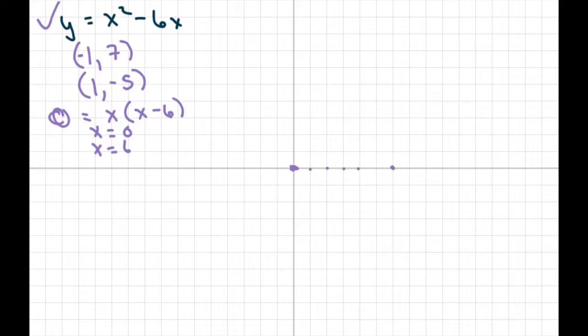This is your vertex. It's in between. I'm going to go ahead and plug in 3. So that would be 3 squared minus 6 times 3. That's going to be 9 minus 18 is -9. So down here we're at -9.